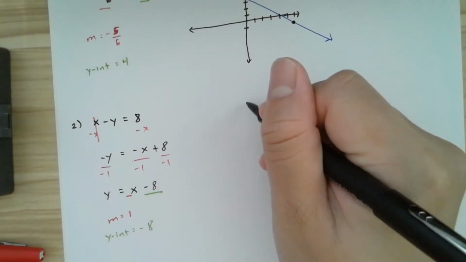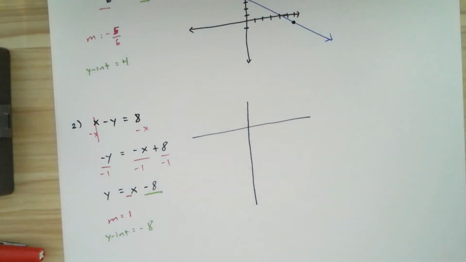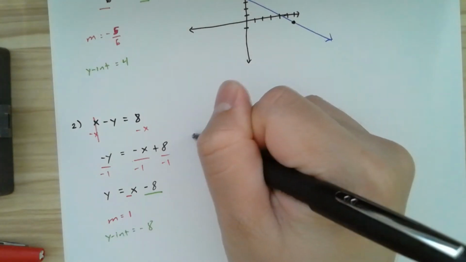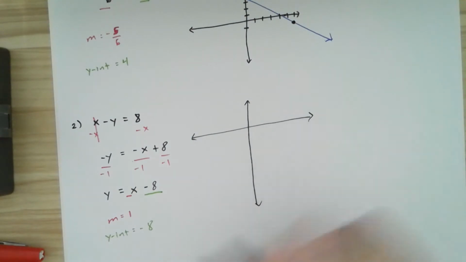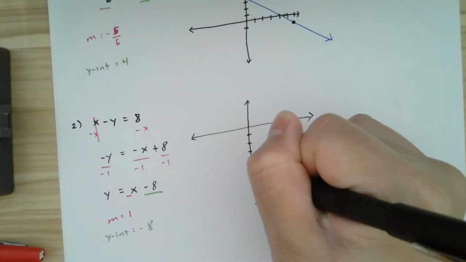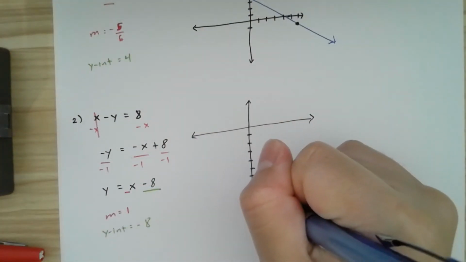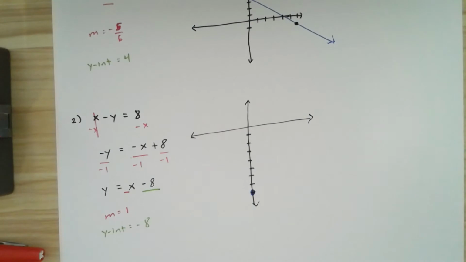So then I'm drawing it this way, right? Because my y-intercept is -8, so I know I'm going to be way down here. 1, 2, 3, 4, 5, 6, 7, 8. There's my y-intercept. My slope is 1.